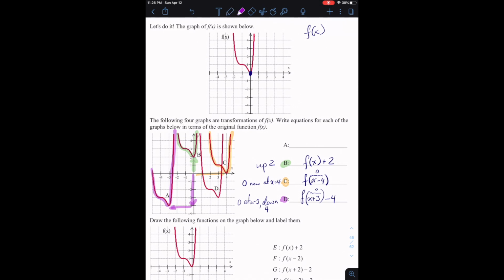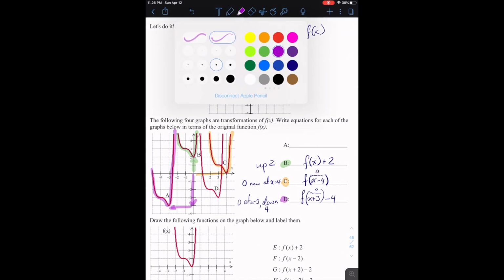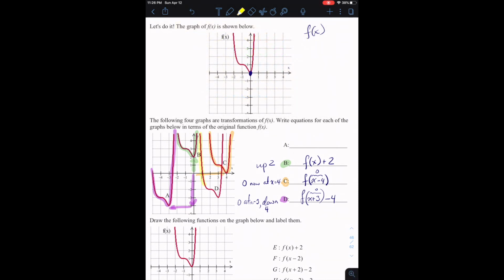And finally, let's look at D. Mark that in yellow. Oh, I'm sorry, whoops, that was A, and this is D. Okay.